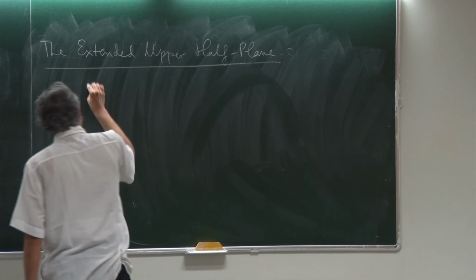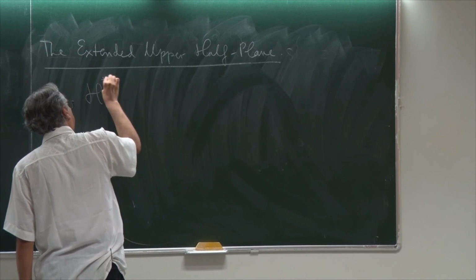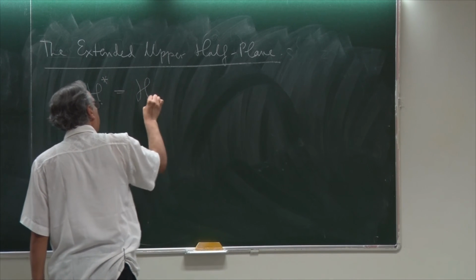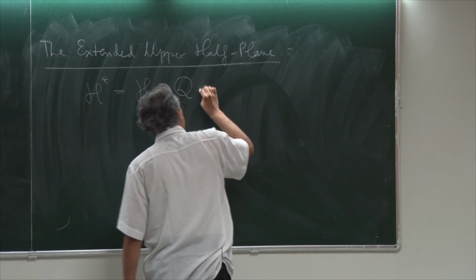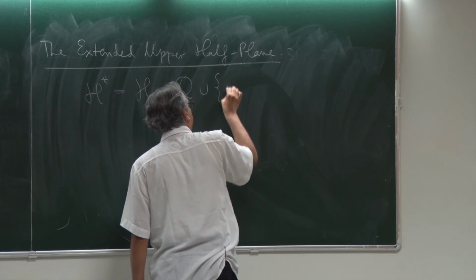The extended upper half plane is H star, which is the union of the ordinary upper half plane, plus all rational numbers, plus what's called the point at infinity.